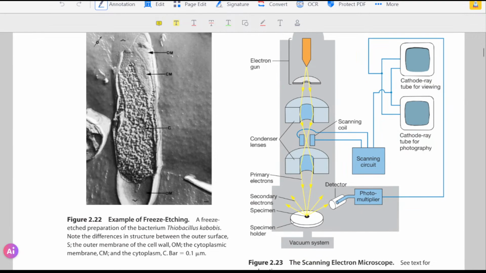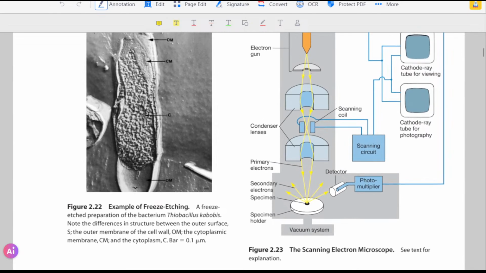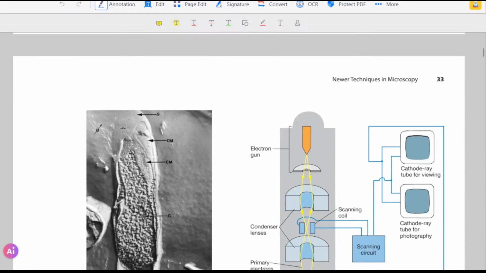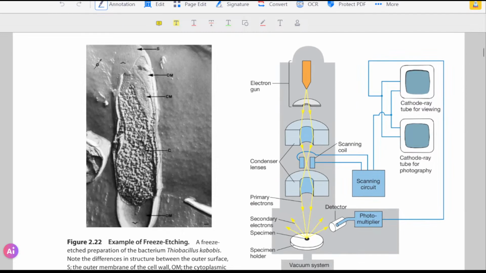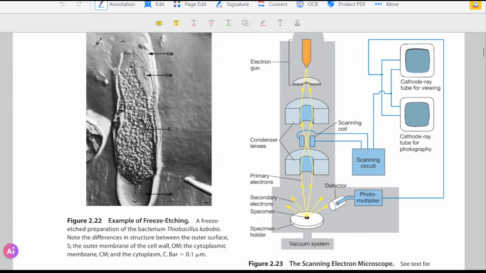Examples of freeze etching. So this is how this specimen looks. Look, it doesn't even look alive because it isn't. Here is S. This is the outer membrane, the cytoplasmic membrane.